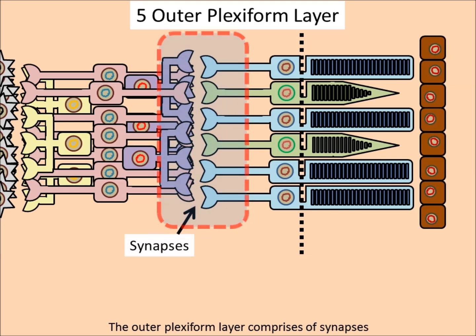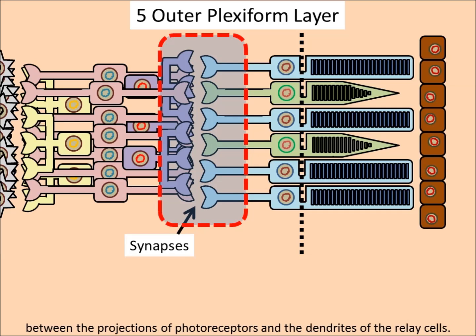The outer plexiform layer comprises synapses between the projections of photoreceptors and the dendrites of the relay cells.